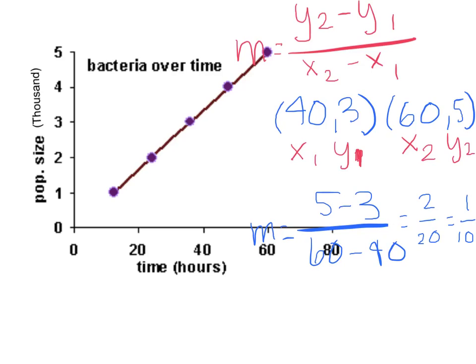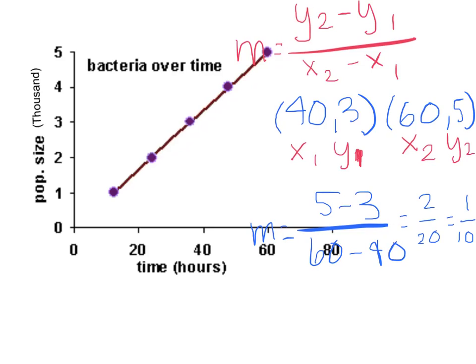And remember a second ago I said that 3 and 5 represent the population size in thousands. So the numerator represents my population size in thousands, and my denominator, my x values, represents my time in hours. So 1/10 would represent 1,000 bacteria every 10 hours. So it sounds like this bacteria is increasing over time, and I can tell that by the line going up as I read it from left to right.